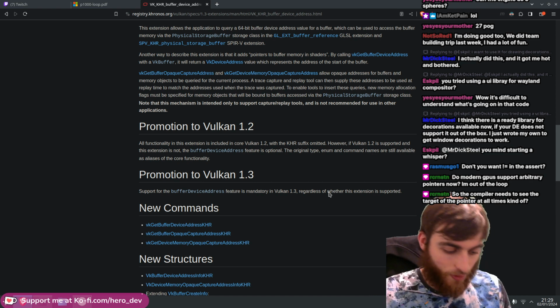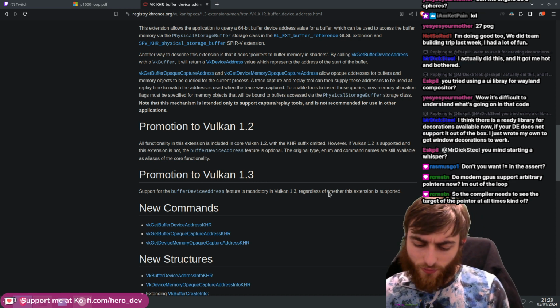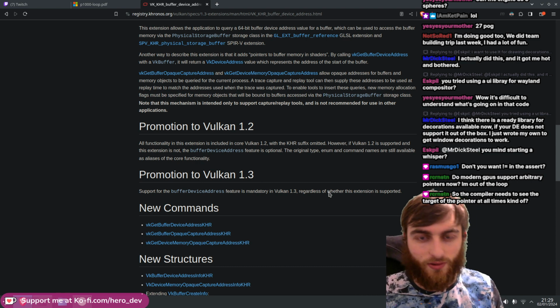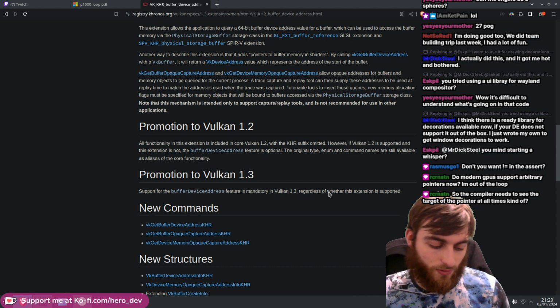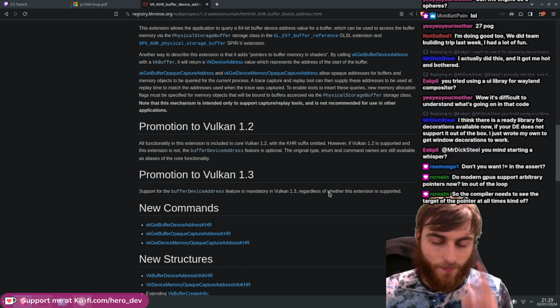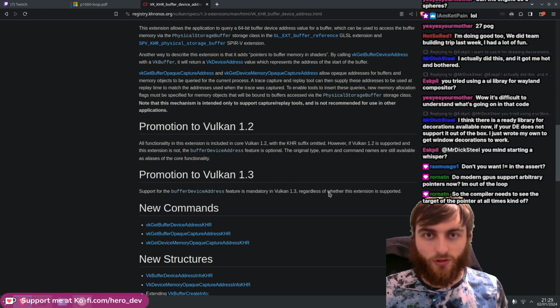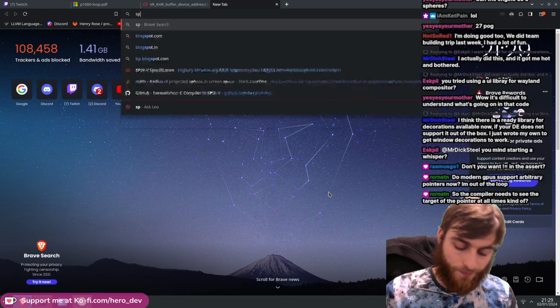Because in Vulkan they have another problem. Yes, the compiler. Yeah, so that's for like the logical pointers. That's the idea. They need to see the target. Yeah, that type of thing. But this means you get like proper physical address pointers, right?